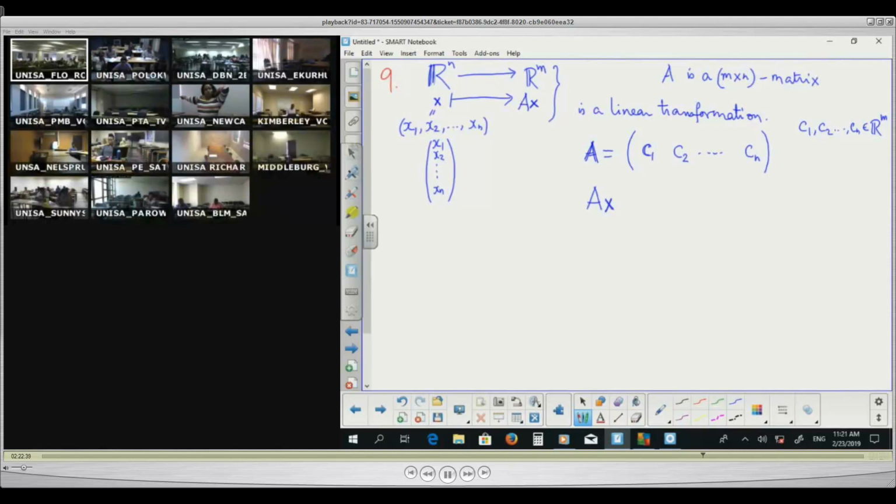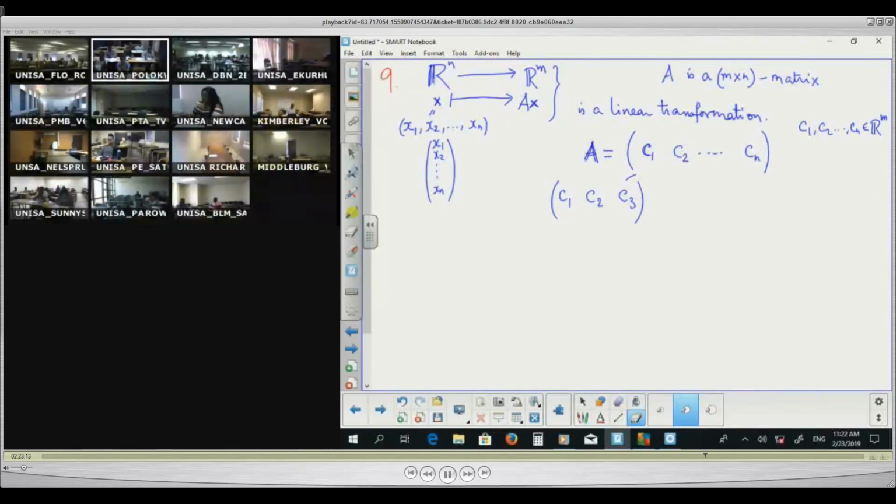Well, you cannot quite write it in this form, but to come to your question specifically, you are saying C1, C2, C3, and your last one is the zero vector.